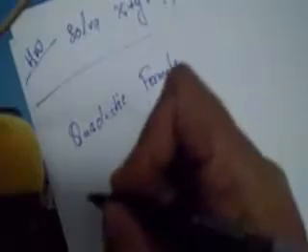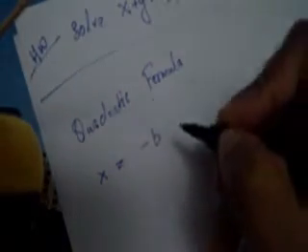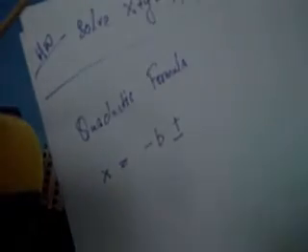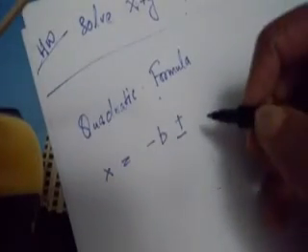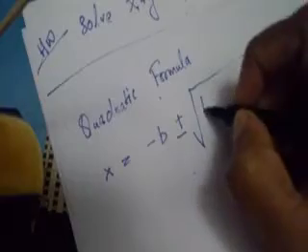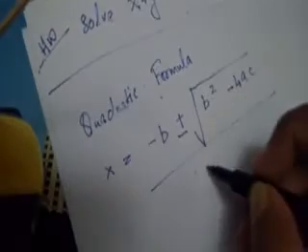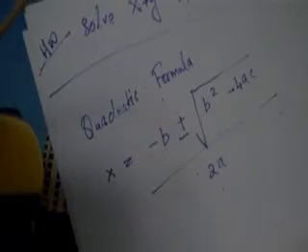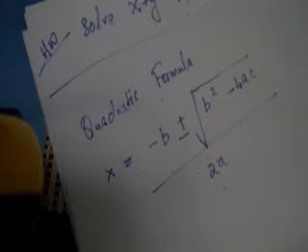The quadratic formula is x is equal to minus b plus or minus root of b square minus 4ac divided by 2a. This is the formula that you have to study.